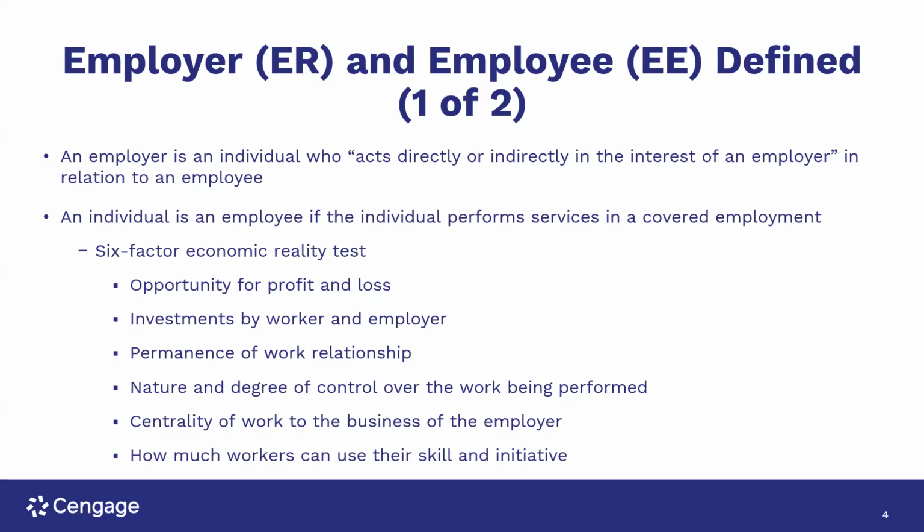And the six factors are opportunity for profit and loss, investments by the worker and employer, permanence of the work relationship, nature and degree of control over the work being performed, centrality of the work to the business of an employer, and how much the workers can use their own skill and initiative.